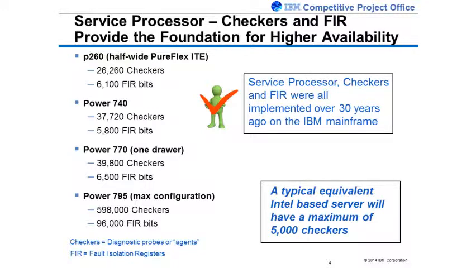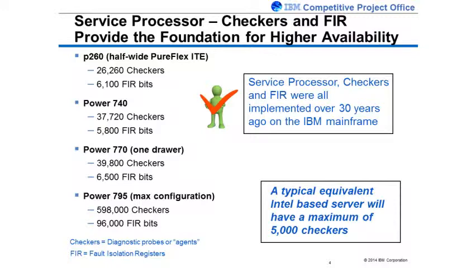Another clear reason why it's so much better is we have many more what we call checkers that are constantly polling the status of every single component in the stack and reporting that back to what we call the service processor. And to give you some idea here, we're listing the number of checkers that we have out there.